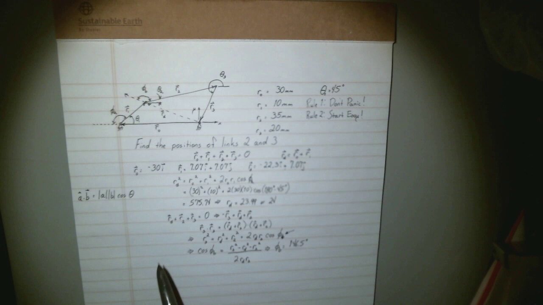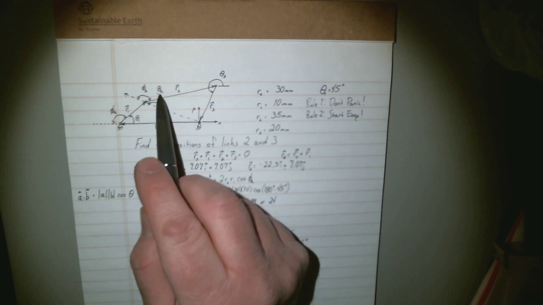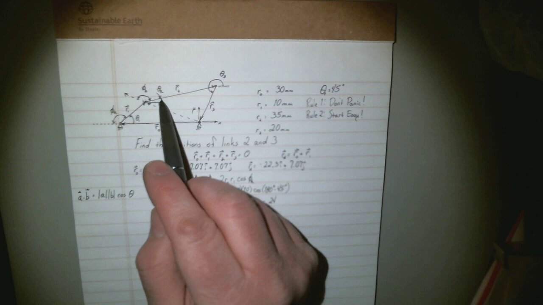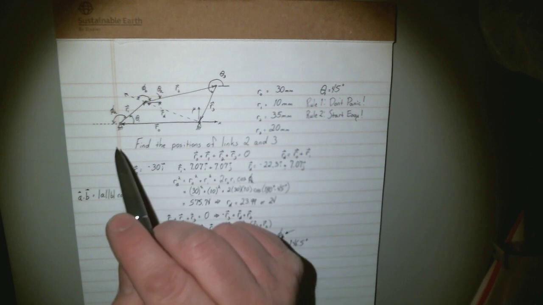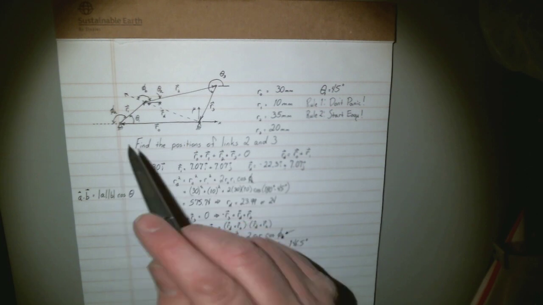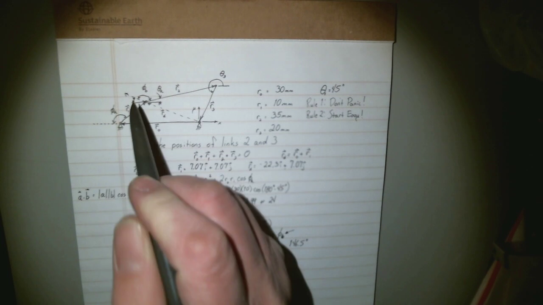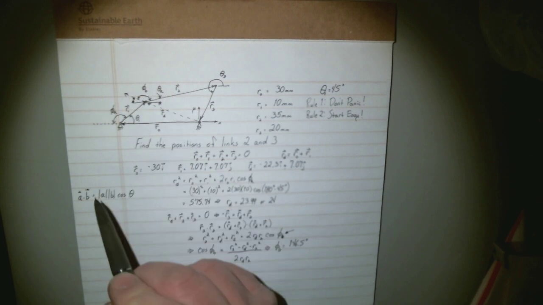Now, there are a couple of other things we should go through at this point, just from a geometry standpoint, so that we can figure out theta sub 2, and that will allow us to fully define R sub 2. One thing we're going to want is the angle that R sub D makes with the horizontal.